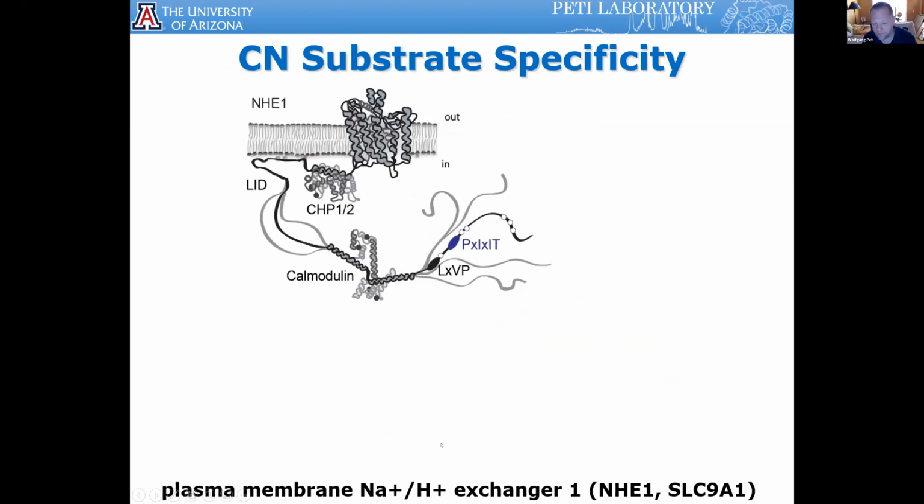And one of those regulators is the plasma membrane sodium proton exchanger 1, or NHE1, also known as SLC9A1. And so this is an integral membrane protein, and it's basically the cellular pH meter. Okay, this is the protein that makes sure the pH of the cell is steady.